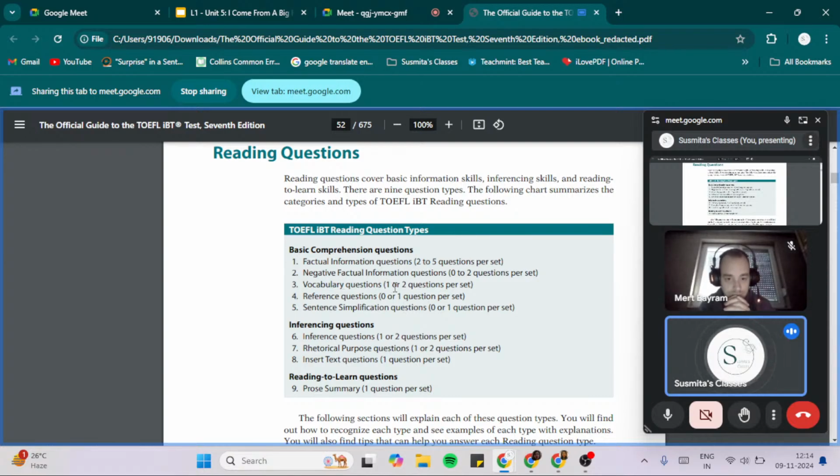They are easy and you should make sure that you do not lose marks in vocabulary questions because they are the scoring ones. Then you have reference questions, there might be none or there might be one. Again, sentence simplification question, there might be none or there might be one. Then inference question, one or two in one set. Rhetorical purpose also, there might be one or two. And as I said, insert text question will always be there. Prose summary question will always be there.